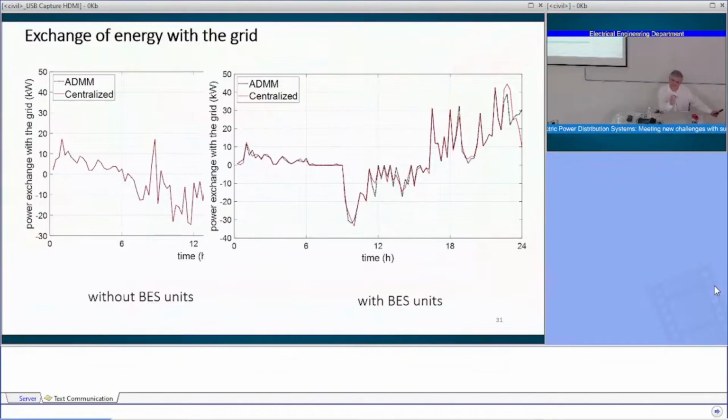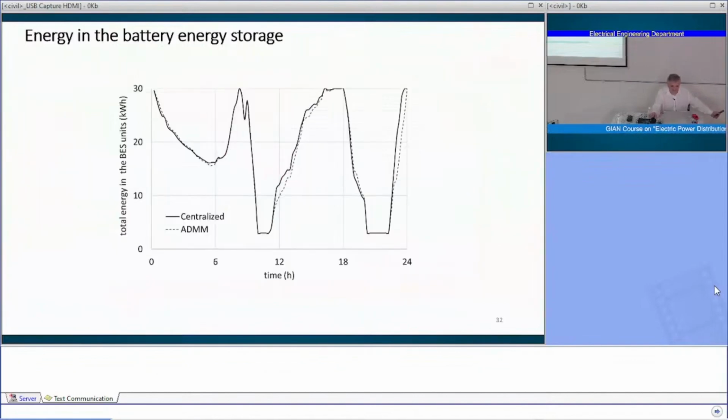Obviously, with all the batteries it is a little bit more difficult to obtain the convergence, but you see that the results are quite similar. And also this is the energy in the battery energy storage, and the total with the decentralized, the IDMM.